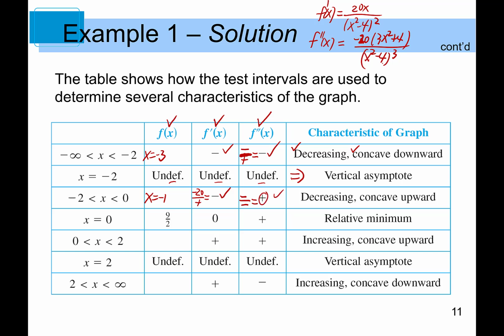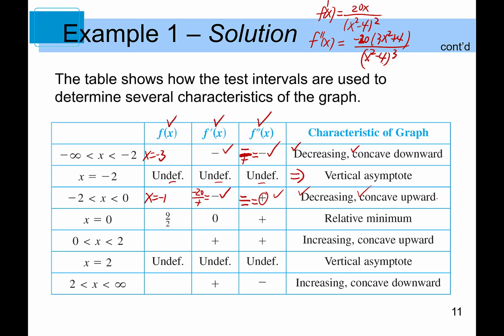Okay. So that indicates in this interval this part of the graph is decreasing and concave upward, right? First derivative being negative, that's a decreasing interval, and second derivative being positive, that's concave upward. And x equals 0, we get -2, that's the y-intercept.